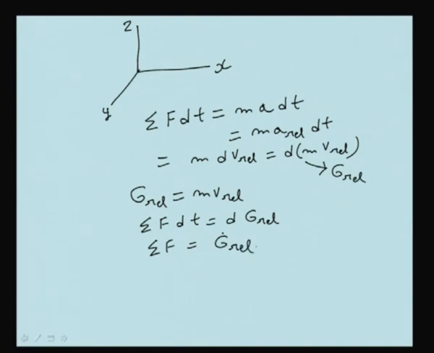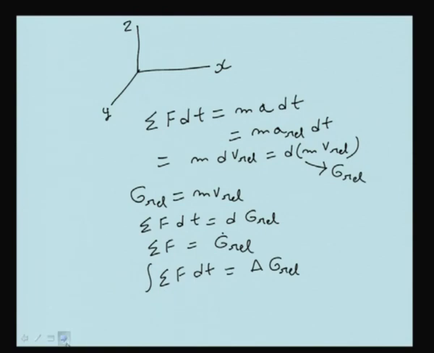So the equation of the impulse momentum is valid. That means we can also write sigma F dt is equal to delta G rel in the relative frame of reference, which is moving with a constant velocity with respect to the system.